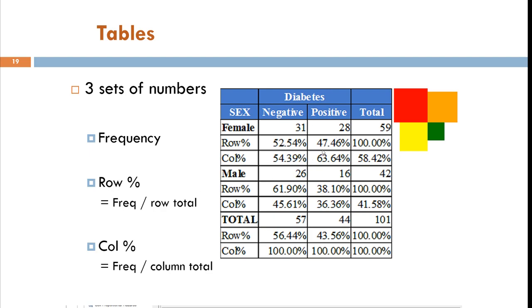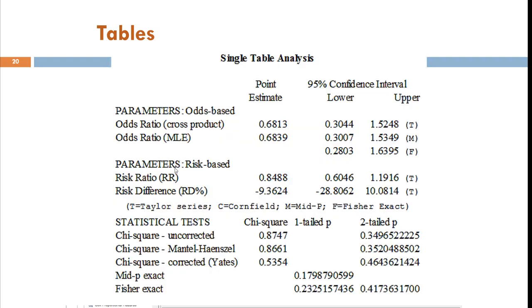So if you are getting confused about which frequencies are the largest inside the table, you may just look at the graphical representation. Then the tables command also outputs this single table analysis output. It contains a lot of information which you would be learning soon. Most of this you would learn inside Epidemiology 201.